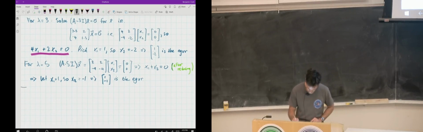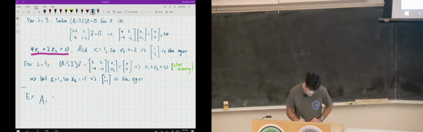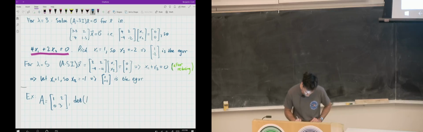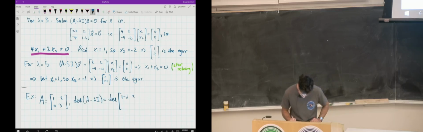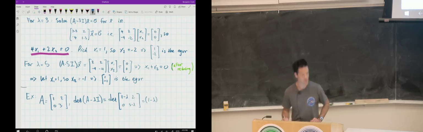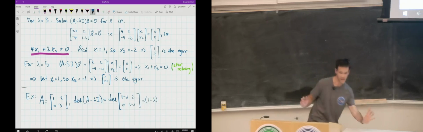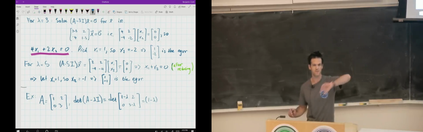So here's another quick example. How about if A is 1, 2, 0, 3? Note that the determinant of A minus lambda I is the determinant of 1 minus lambda, 2, 0, 3 minus lambda, which, as we know about determinants for triangular matrices, is the product of the diagonal entries.